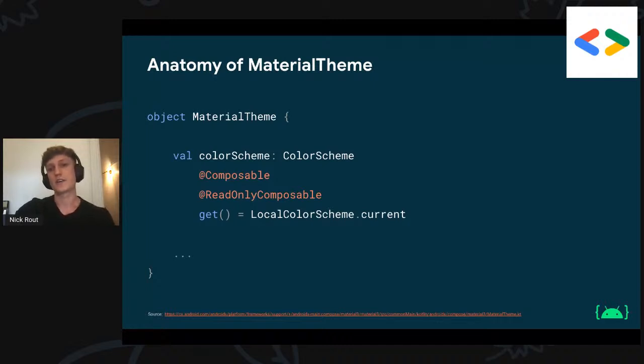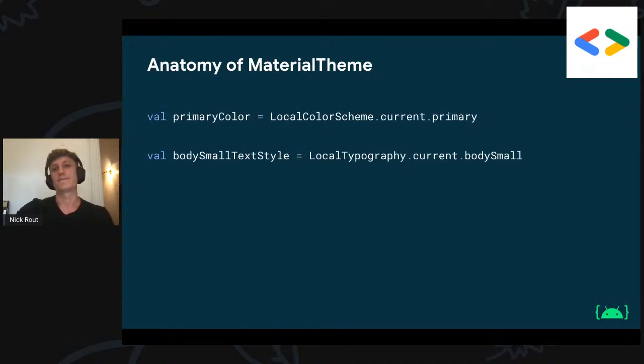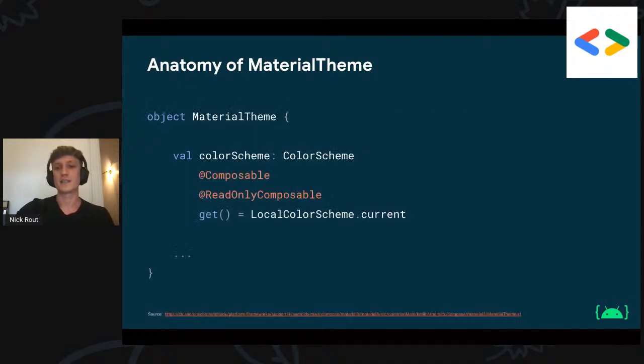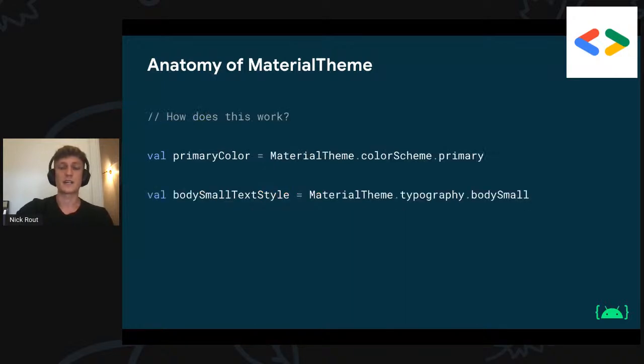Within it, they create a value and then override the getter to be local color scheme.current. So that's this notation that you see here. Really, all it is is a wrapper over that normal way to access the current value of a composition local. And this allows us to do the nice material theme.color scheme.primary, so you know what you're getting and which theming values you're trying to get.